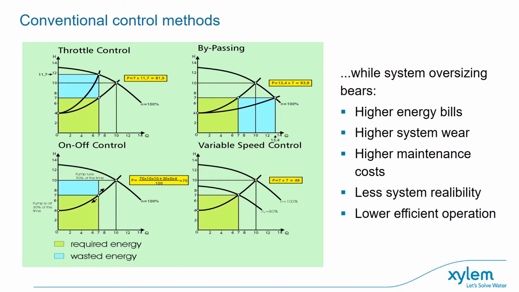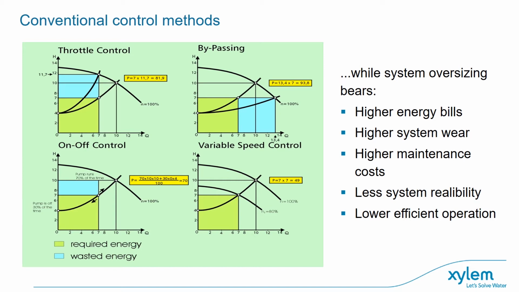What you tend to find if you were oversizing the system, this would create higher energy bills, higher maintenance costs, system wear, and less reliability for the system versus a variable speed drive. So with the variable speed drive control on the package, you have a lot more flexibility. The pumps only run at the speed required to hit the demand required at any given time, whereas with the other three methods of control, there's a significant amount of wasted energy.